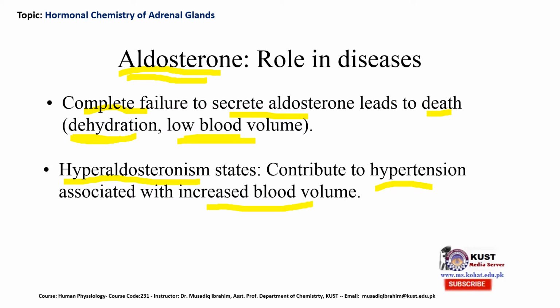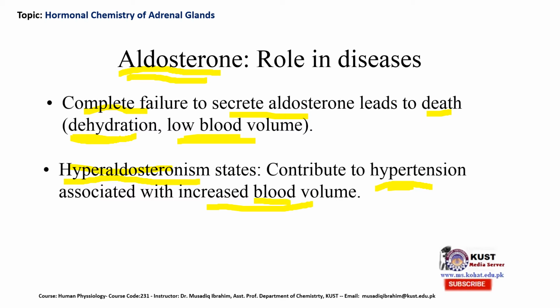So you can see that in hyperaldosteronism there is a hyper or more secretion of the aldosterone than normal, and as a result the hypertension takes place along with the increase in the blood volume.